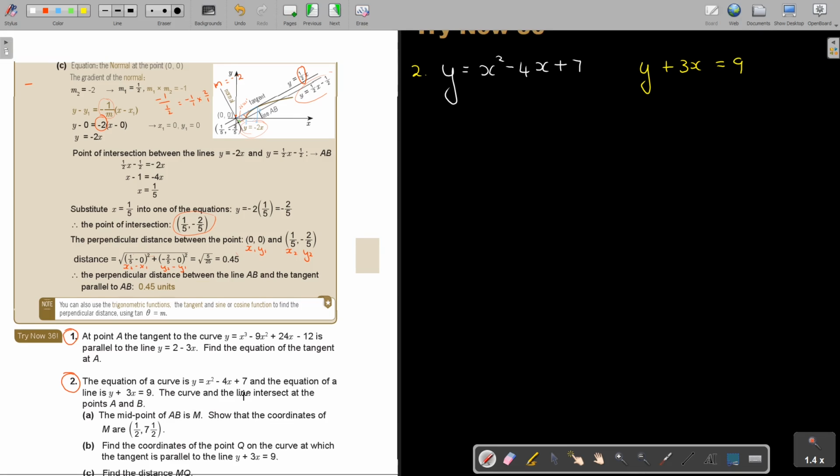Now, the curve and the line intersect at points A and B. That's very important. The midpoint of AB is M. But first you must find where these two intersect, so I'm going to solve them simultaneously. I get y, y, so I substitute 1 into 2.